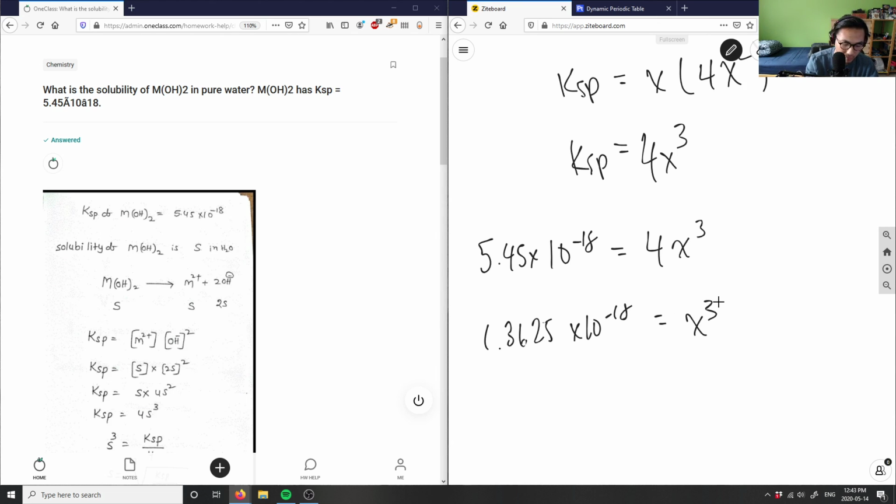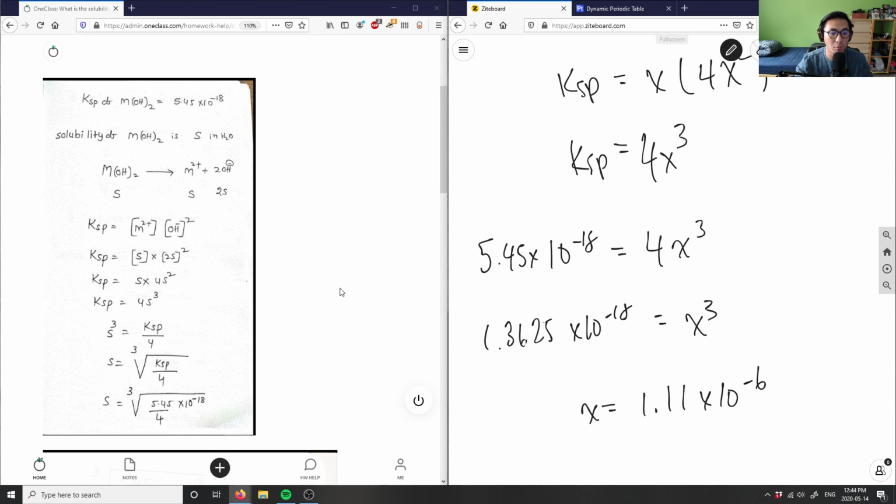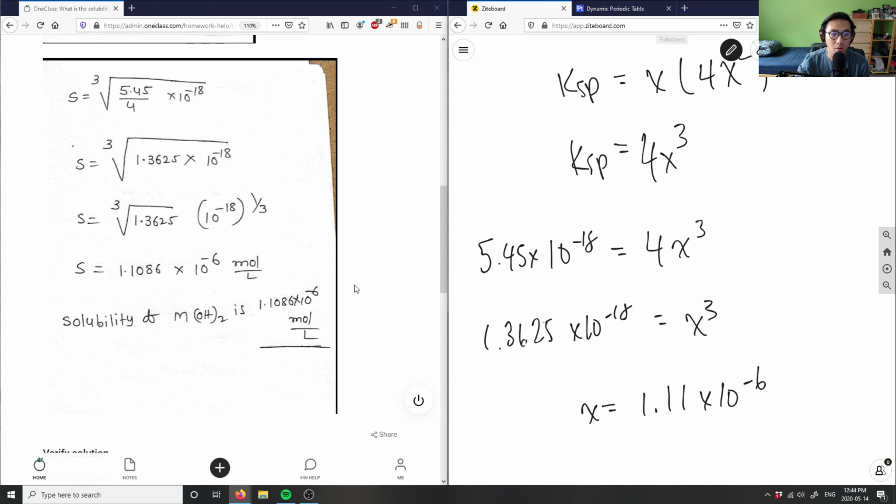And I can cube root both sides to get my answer here. In this case, X here is going to equal 1.11 times 10 to the negative 6. And this guy here is going to be our molar solubility for our solution. As you can see, X here is 1.1086 times 10 to the negative 6.